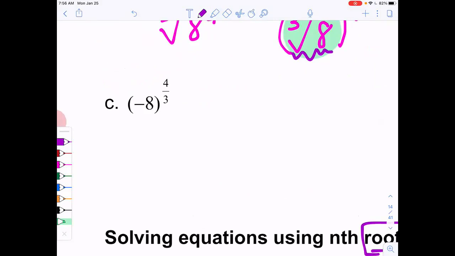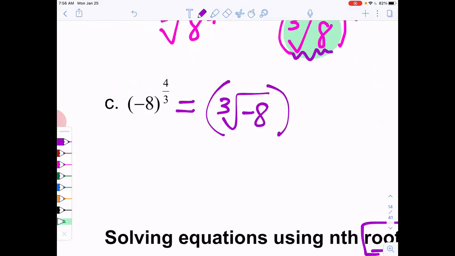All right, so letter C, we have -8 to the 4/3. Faith, is 4/3 negative? No. So what would this look like if you rewrite it, Faith? Yeah.